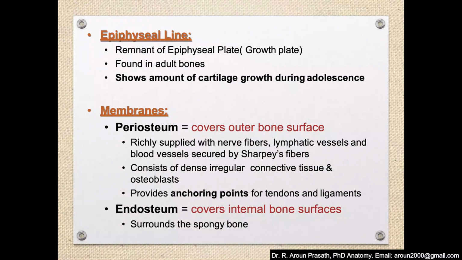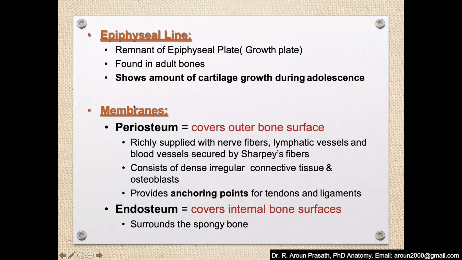Normally, males grow up to 22 years, and females grow up to 18 to 20 years. This is the normal growth age. Whenever there is any disturbance in the growth plate, a certain area doesn't grow, which leads to limb shortening. I will show you some examples of the epiphyseal growth plate.